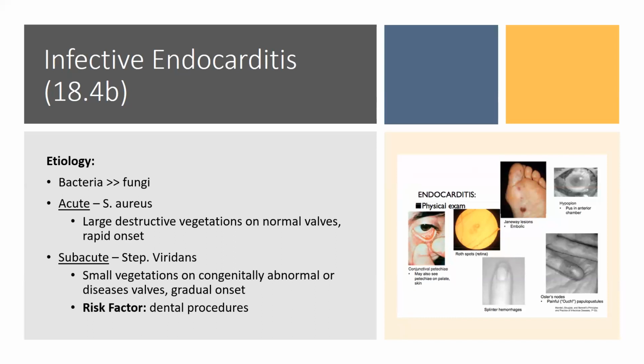So if the person had no prior valve disease and no previous dental work, and they were having an infective endocarditis, and maybe I didn't get a time at all, I would go with Staph aureus if their valves were healthy beforehand. If their valves were not healthy beforehand, I'd probably go with strep viridans.